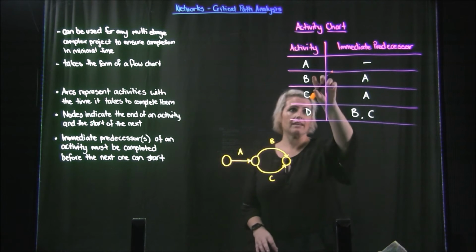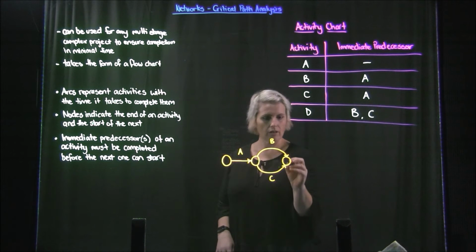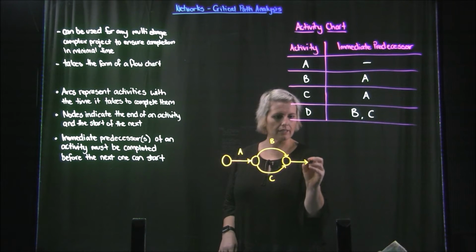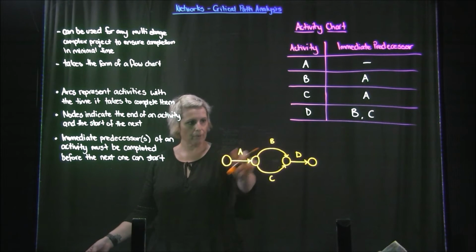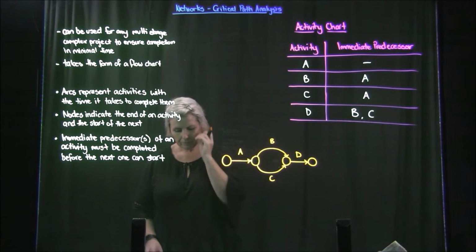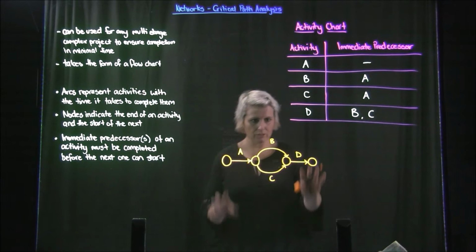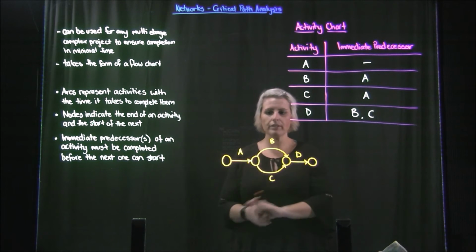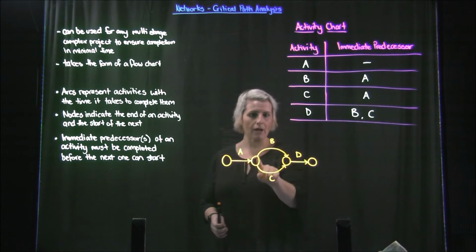Now that B and C have been completed, they're our immediate predecessors for D, so we can now do task D. You can see here, task D. So we have our beginning through to our ends so far. Now we have our nodes representing each of our start and finish points, and these arcs with direction showing us the way that they are heading.